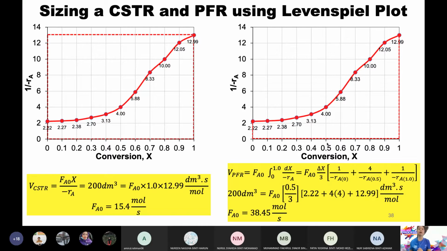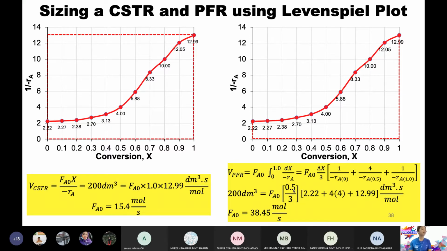If we calculate the gap at the front, 0.5 minus 0 is 0.5. If you calculate the gap at the back, 1 minus 0.5 is also 0.5. So delta X is 0.5. Again, I repeat, delta X is not your middle X. It just happens to be so for a single PFR. But later, when we go to reactors in series, you will understand why delta X is not the middle X.